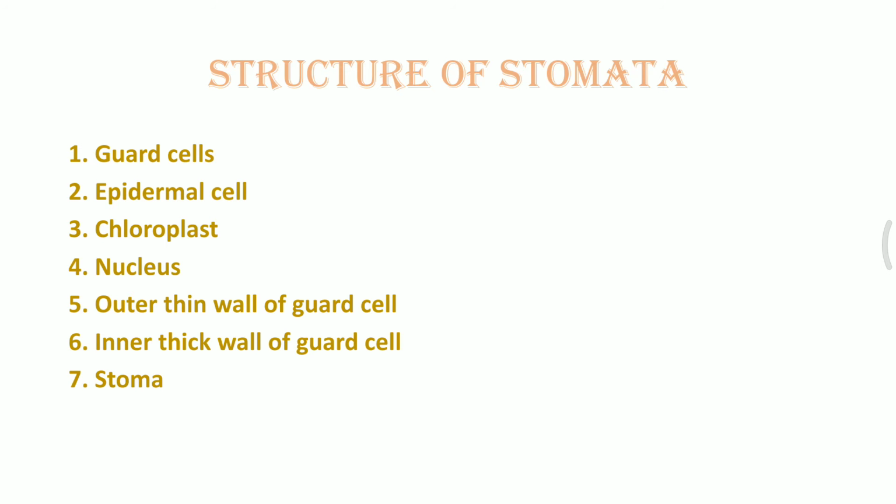What is a stoma? The opening or the aperture which is formed because of turgidity of both the guard cells, because of drawing water inside the guard cells due to potassium ion concentration theory. It results in this swelling or opening of stomata or stoma. What is the importance of stomata?